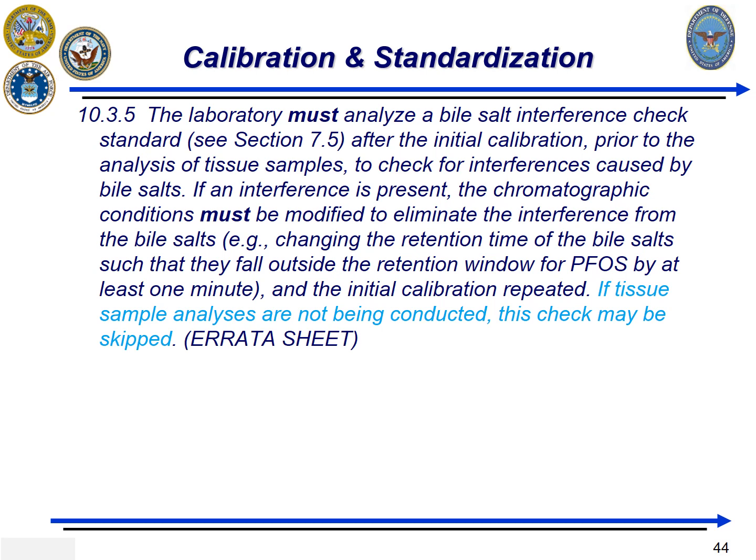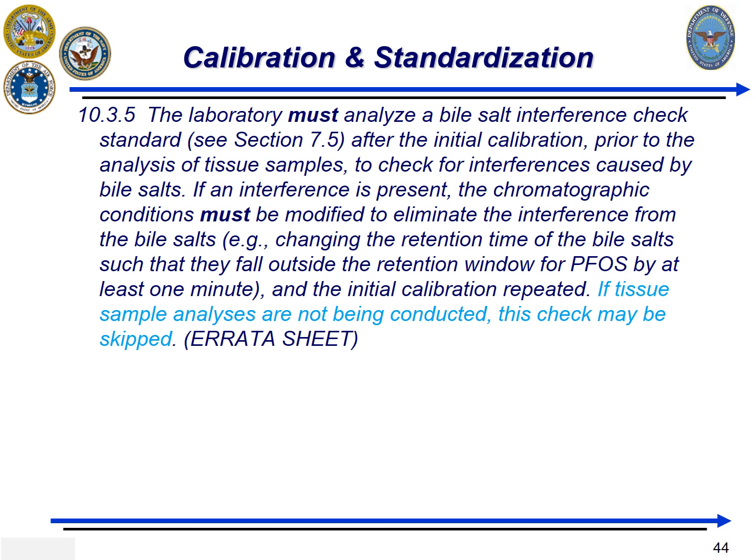And once again, section 10.3.5 had a clarification in the errata sheet relative to the bile salt interference check standard. This standard is required to be analyzed after the initial calibration prior to the analysis of tissue samples to check for interferences caused by bile salts.